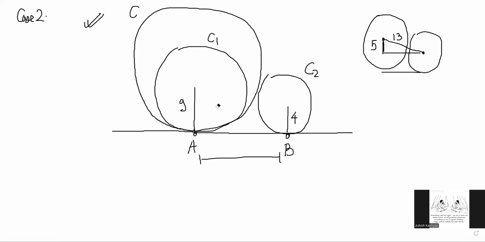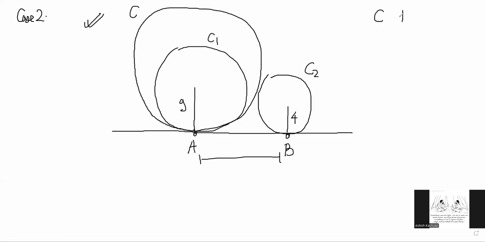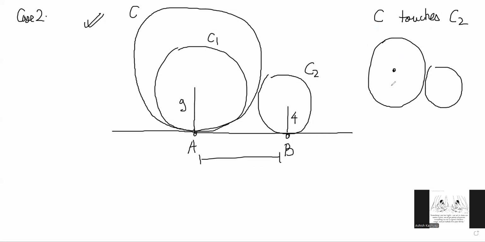What is the mistake? Notice that circle C1 is not touching C2. So I have assumed here that C1 was touching C2. That is wrong. What is touching C2? The circle C touches C2 externally, right? So I should draw a figure like this: C, C2, and the center of C, radius is R, C2 radius is 4, and I can find this distance AB from there.